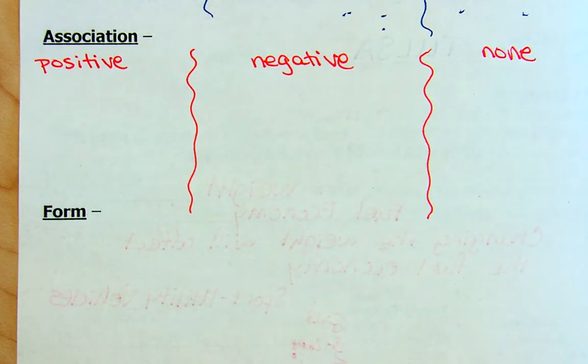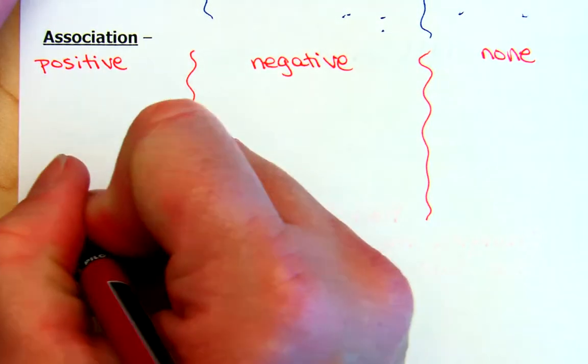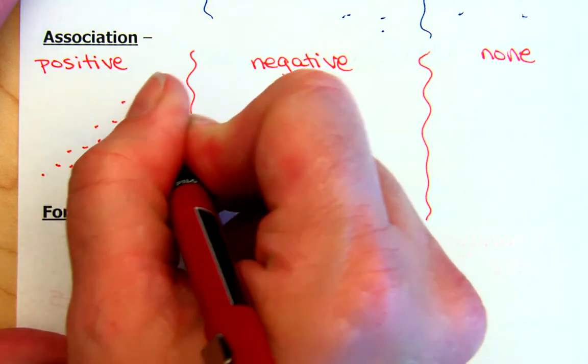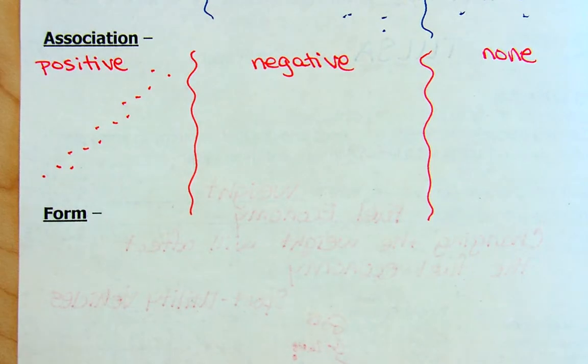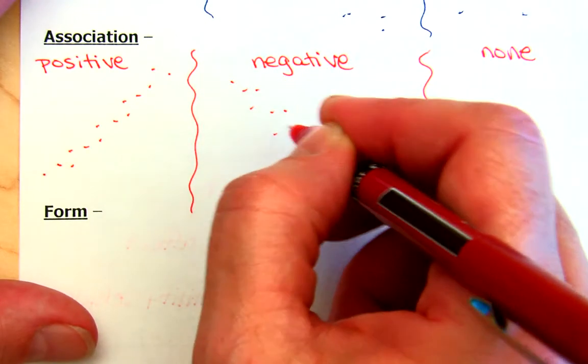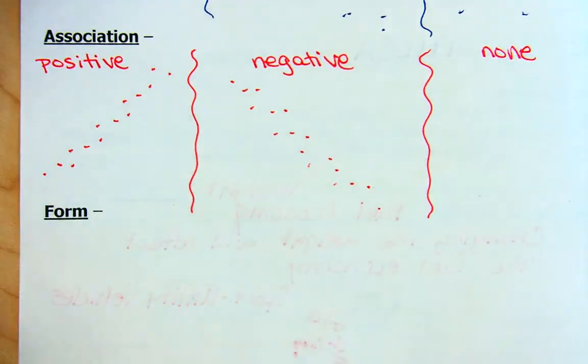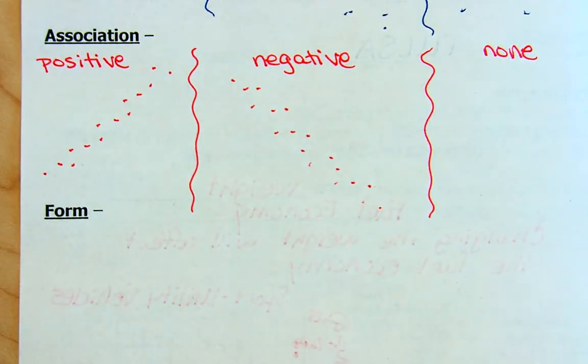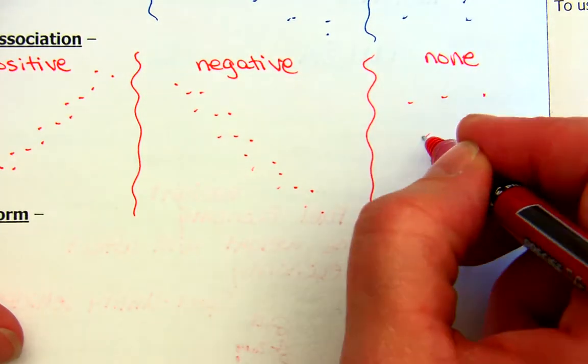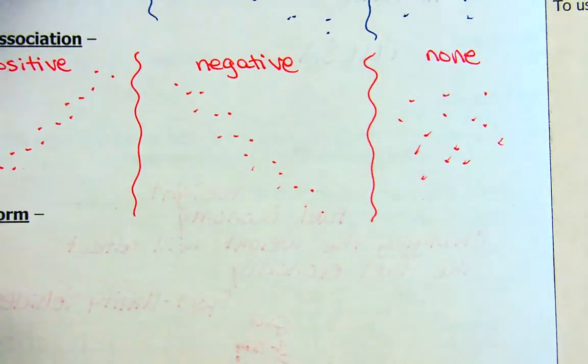So this is where you're thinking, from Algebra 1, you're thinking slope. Okay? So if it's positive, we're seeing a positive trend. If it's negative, it's kind of got a negative slope to the line. None would be this idea of this randomly scattered, we don't know which way it's going.